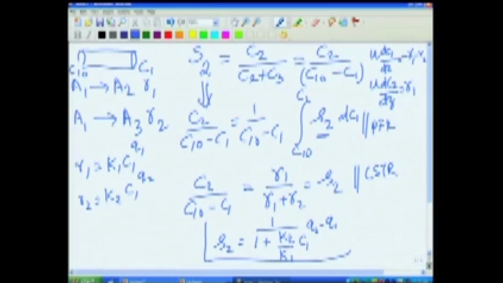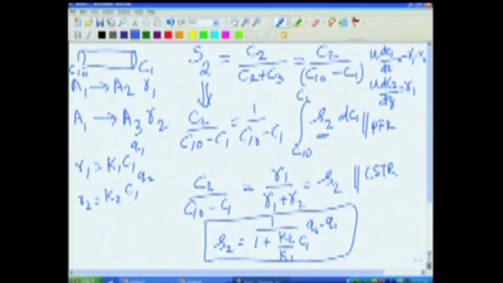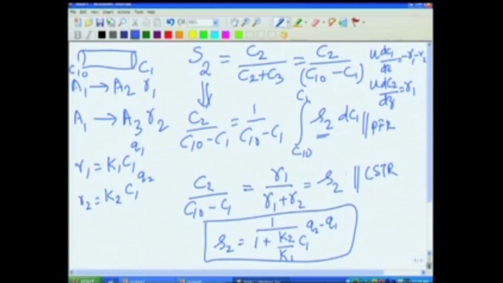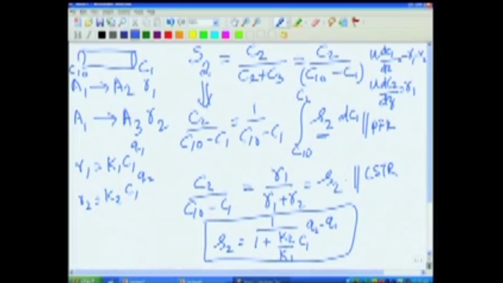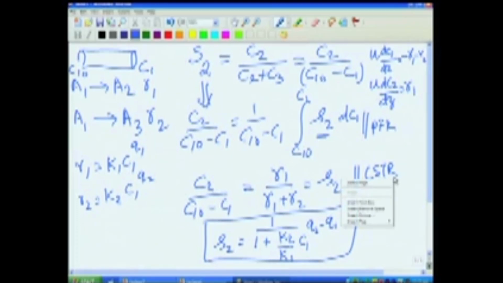So, this is my point selectivity. I know it changes as concentration C1 changes, and these are the two design equations which tell me what is the selectivity in a plug flow reactor and what is the selectivity in a CSTR.